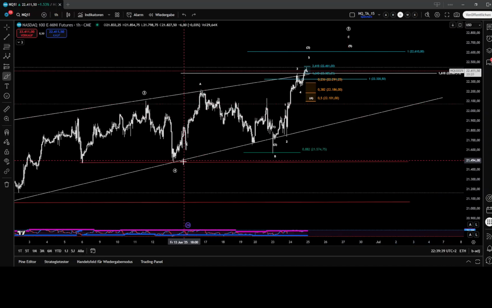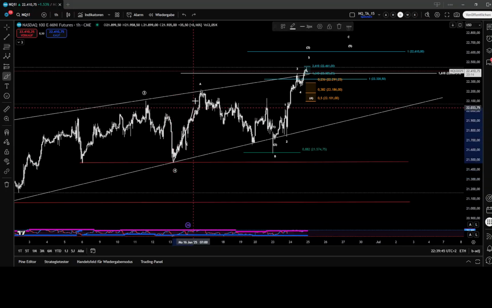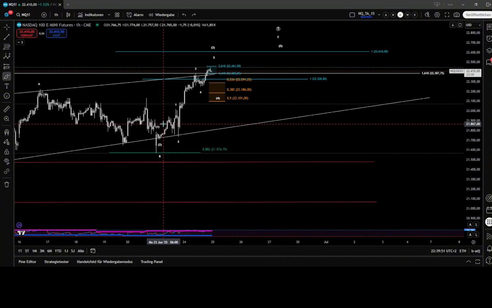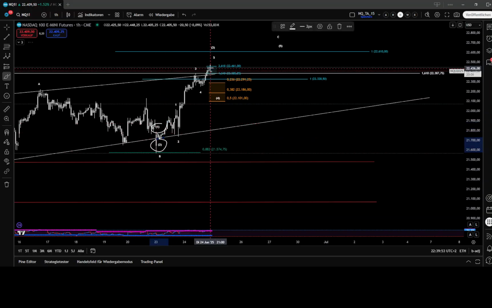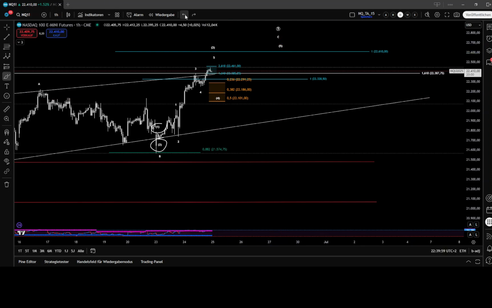And with the fourth wave low from the 13th of June, we were forming this A, B, C to the upside. Okay, the C is also always a 5-wave move, which is wave 1, wave 2, wave 3, then we should get another wave 4 and another wave 5. That is then, in my view, the end for now to the upside.